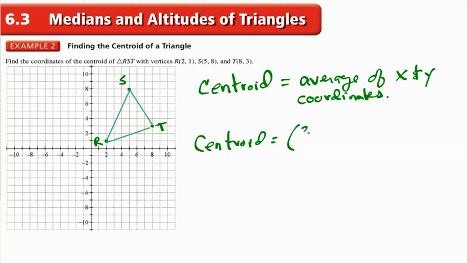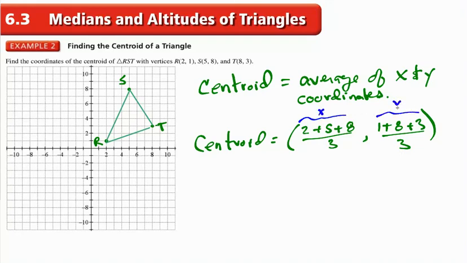So it's going to be (2 plus 5 plus 8) divided by 3, comma, (1 plus 8 plus 3) divided by 3. So basically I took all of the x coordinates and added them up and divided by 3, and I did the same thing with the y coordinates.